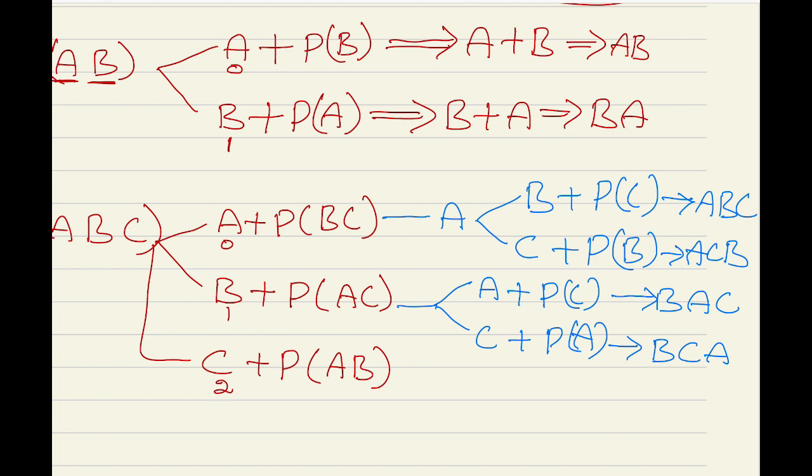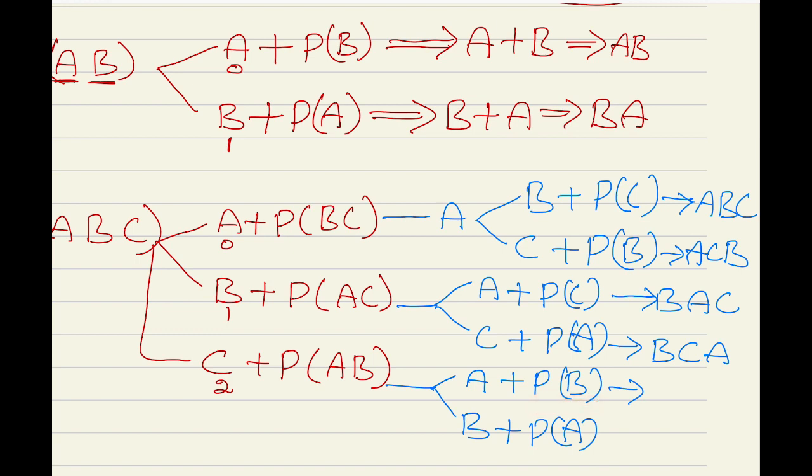Now here also follow the same procedure. We can select A first or B first. If we select A, apply the same method to P of B, and here it is P of A. So here we are going to get C, A, B. P of B is B, we know.